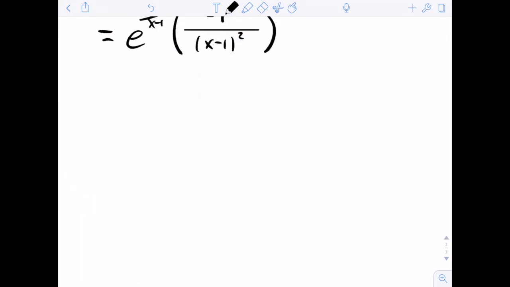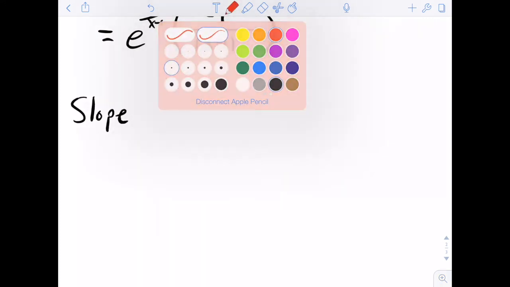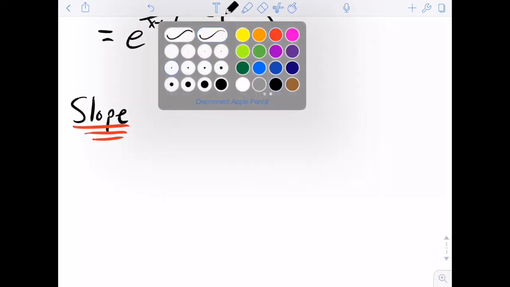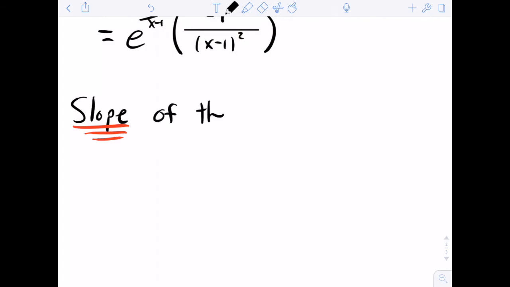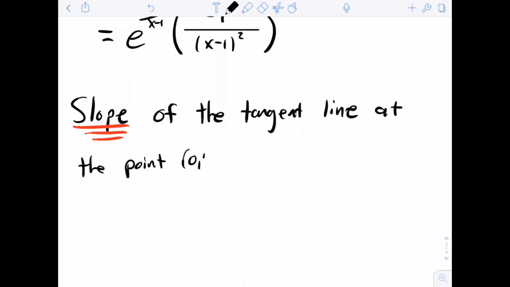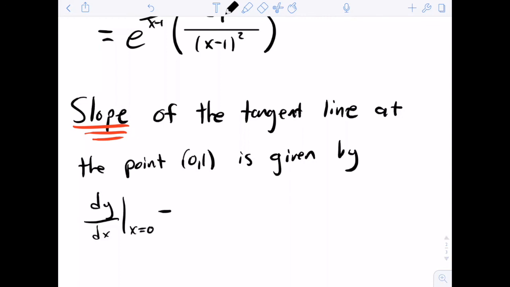Right, so the slope of the tangent line, again, the slope, not the equation, of the tangent line at the point 0, 1 is given by evaluating the derivative where x equals 0.